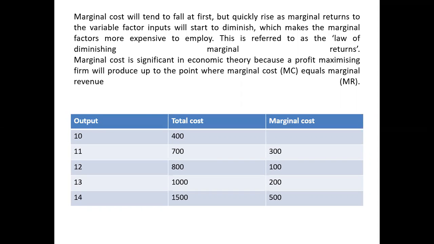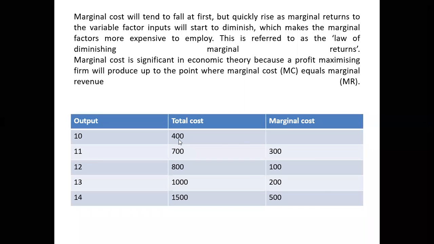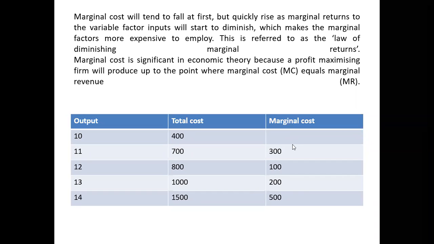If it is the 10th unit of output, the total cost is 400. To give the marginal cost here, I would need to subtract from the figure for the ninth unit of output, but since it is not given, I cannot find the marginal cost of the 10th unit. From the second unit, that is the 11th unit, we can calculate the marginal cost.